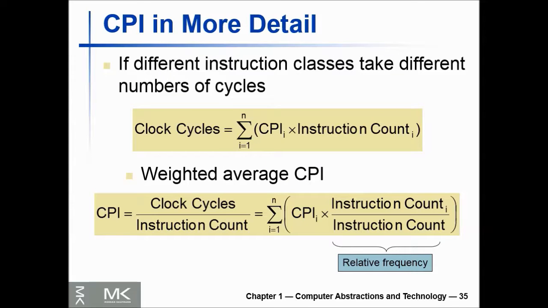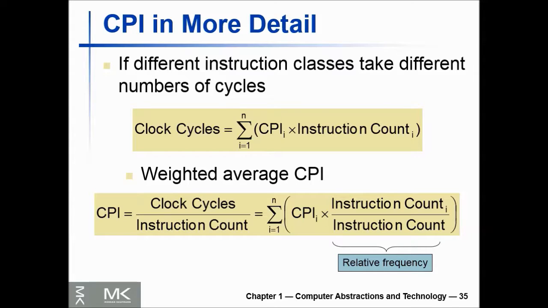If we have different instruction classes, then these different instruction classes take different numbers of cycles. So our previous example becomes CPU time is equal to CPI multiplied by instruction count for instruction class 1, plus CPI multiplied by instruction count for the second class, plus CPI multiplied by instruction count of the third class, and so on.